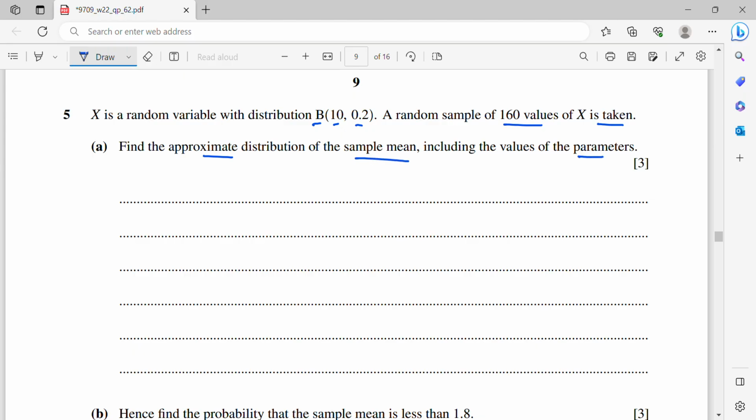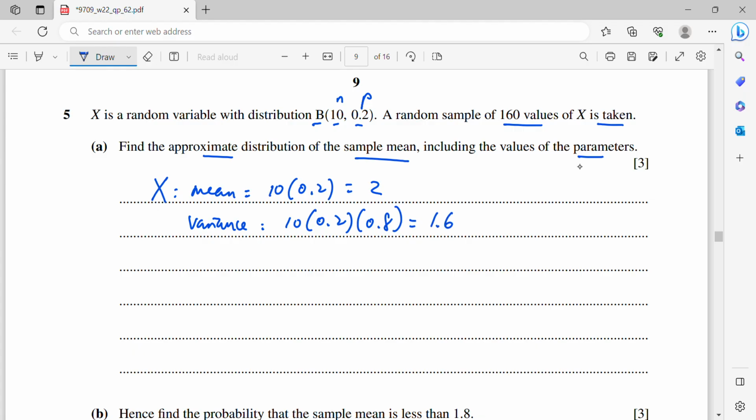From here, your X initially has mean equal to 10 times 0.2, which is 2. And then the variance is going to be npq, so 10 times 0.2 times 0.8, because n is 10, p is 0.2. So you will get 1.6.